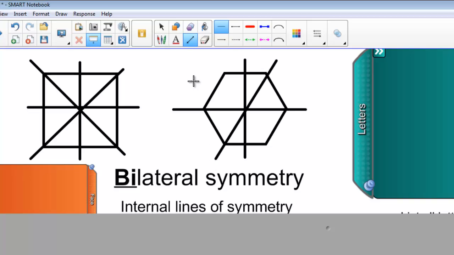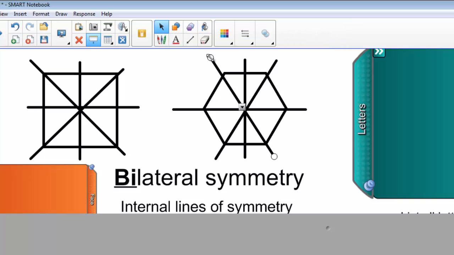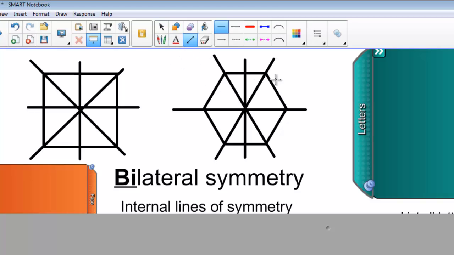There's three. Do the other diagonal. Four. And this one will just move slightly. It's slightly off. There we go. And maybe this one's a little off too. Okay, so we've got four lines of symmetry, but there are more as well.